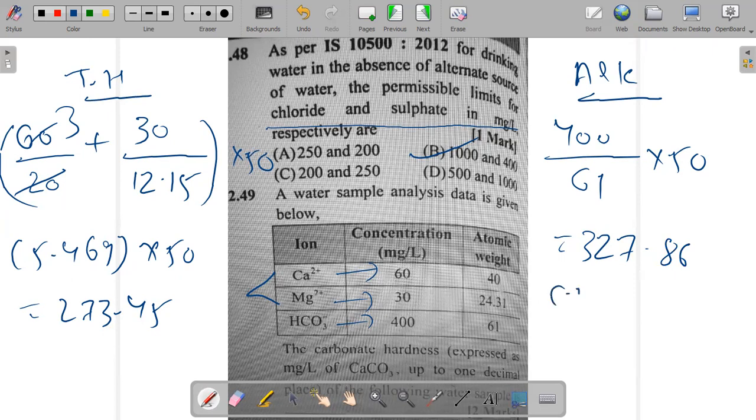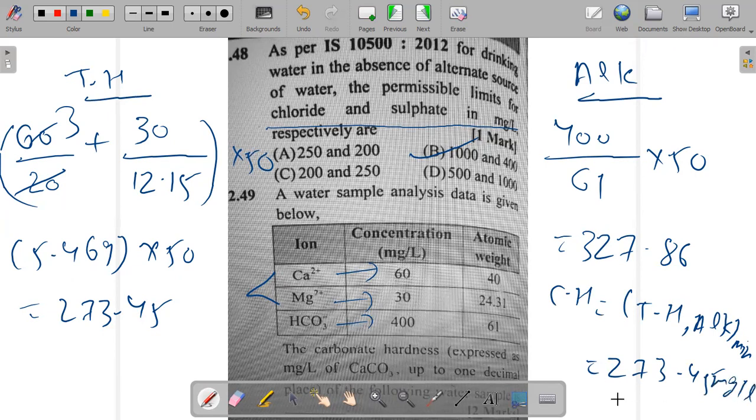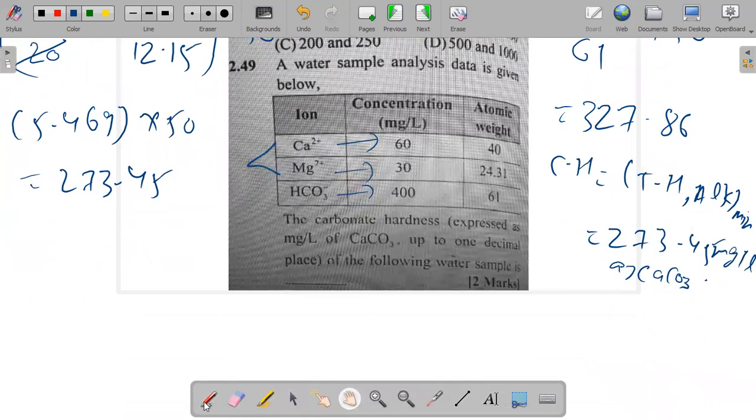So carbonate hardness is basically the minimum of total hardness and alkalinity, that is 273.45, which is your correct answer, milligram per liter as CaCO3. Okay, so your answer is 273.45 milligram per liter.